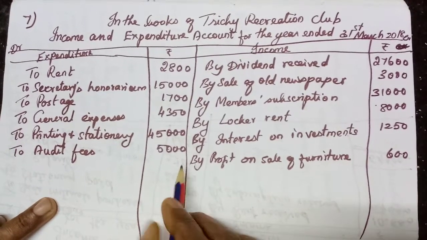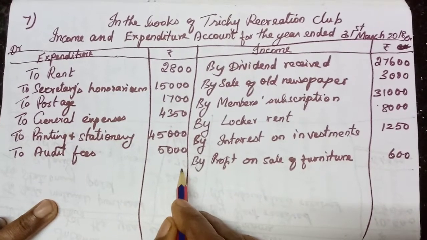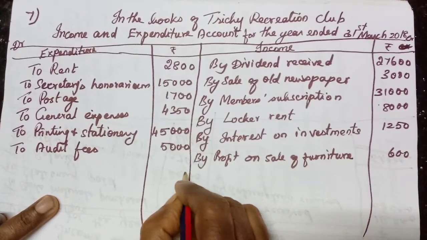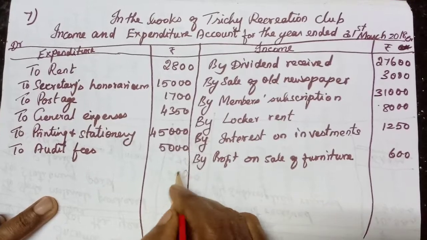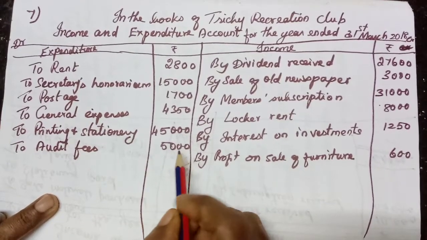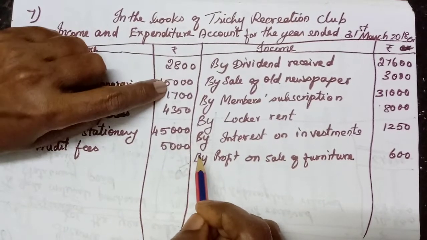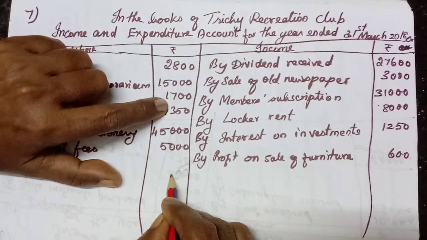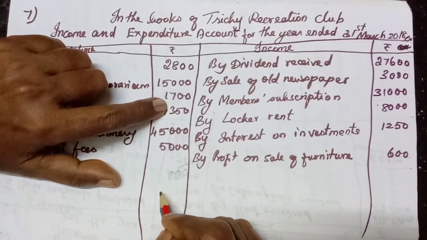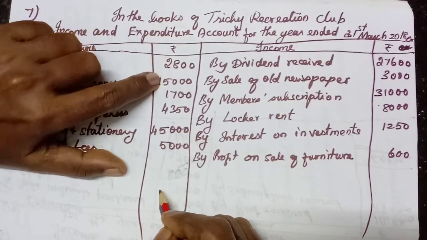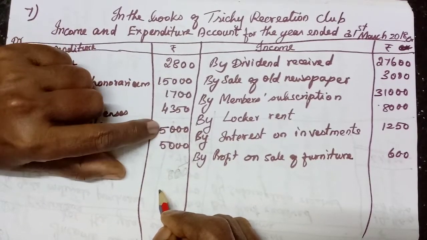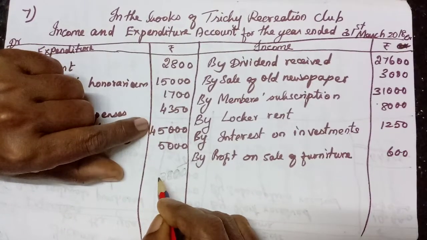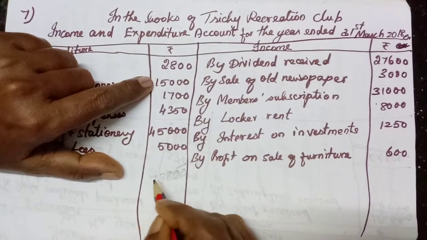Slowly we can write. Total 5, then 8 plus 7, 15, 18. Balance 23. Balance 2, 6 plus 1, 7.